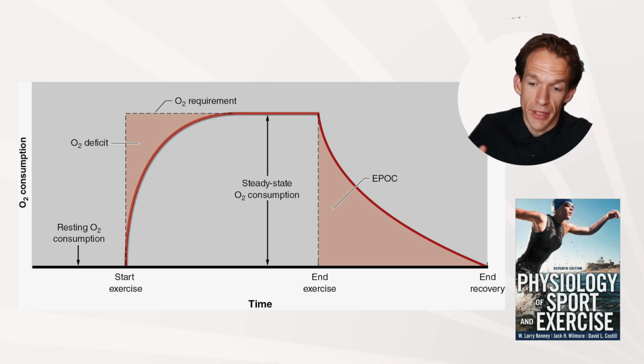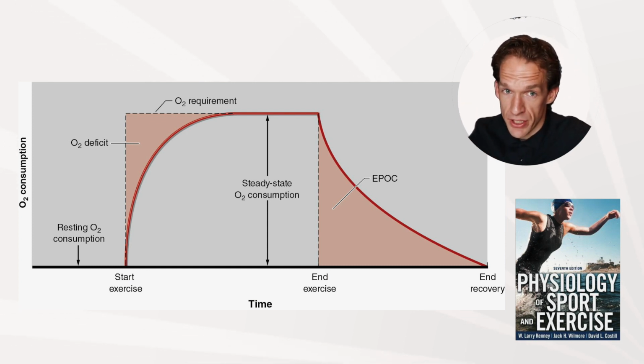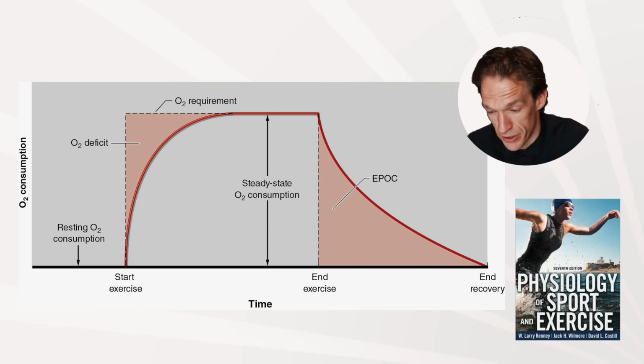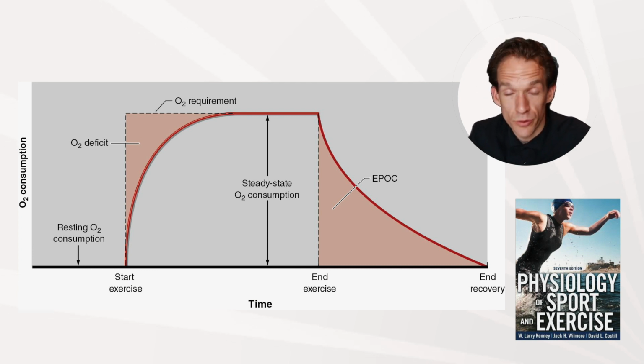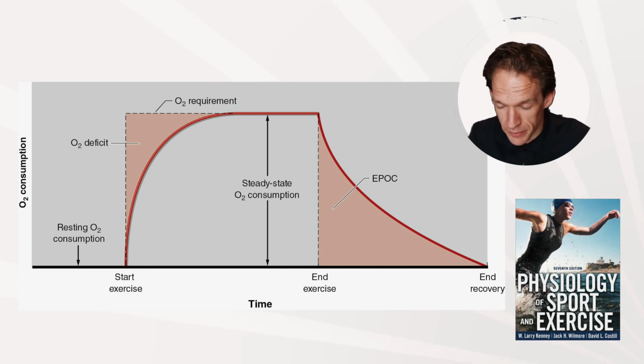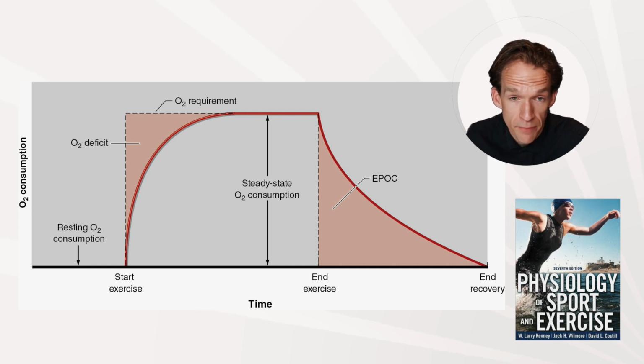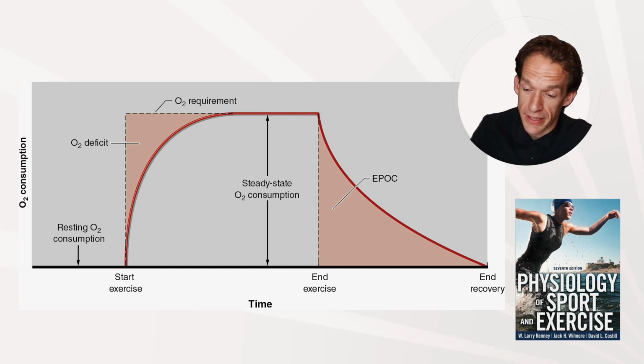So basically your body is spending a certain amount of energy that is not yet generated completely through the aerobic pathways. Now, for the steady state exercise, you can see that the O2 consumption matches the requirement. And then again, at the end of the exercise, you would expect the O2 consumption to drop all the way to rest because the exercise is over. But there you see the opposite.